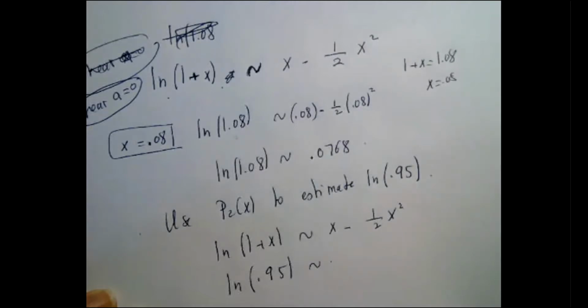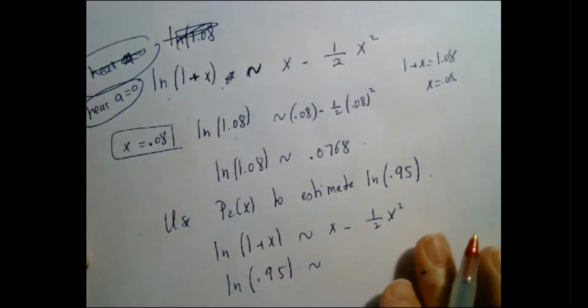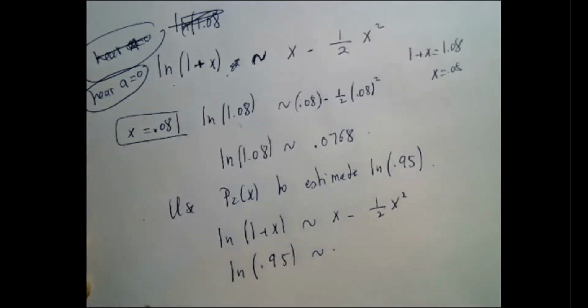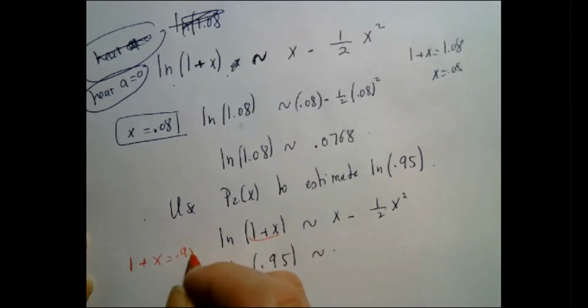Negative 0.05. How did you get it? Because we're not going to guess, basically. We're going to find it. How do you get it? I want the 1 plus x to be the 0.95.